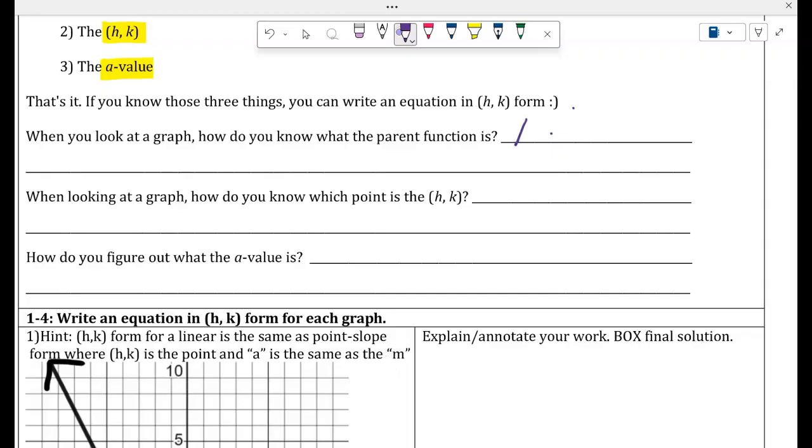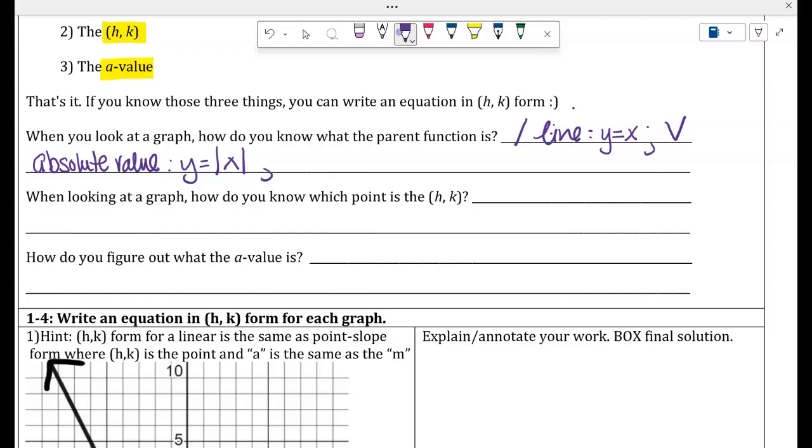If you have a line, then your parent function is going to be y equals x. Next, if we have a V shape, which we call the absolute value function, then your parent function, guys, is going to be y equals the absolute value of x.